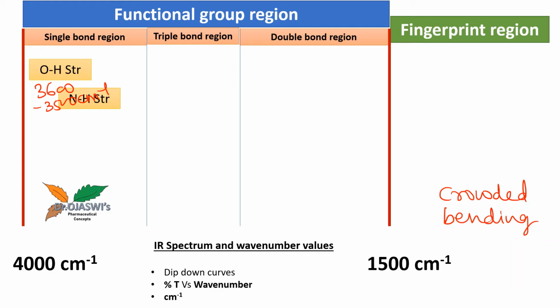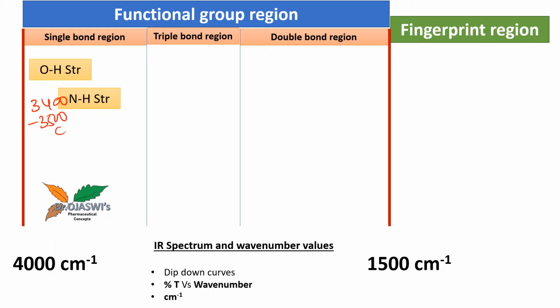NH stretching peak we get around 3400 to 3500 centimeter inverse. So this is around 3600 centimeter inverse OH stretching. Then we have NH stretching, and next we have CH stretching.